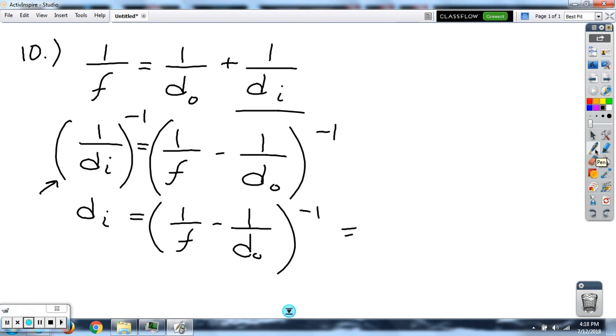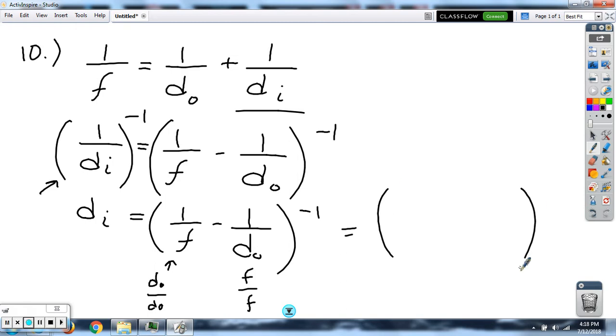So the common denominator would be FDO. So I'd have to multiply this side by DO over DO. That's like multiplying by 1, which you can do. And I have to multiply this term by F over F. And so by multiplying top and bottom, here by DO and here by F, you get a common denominator.